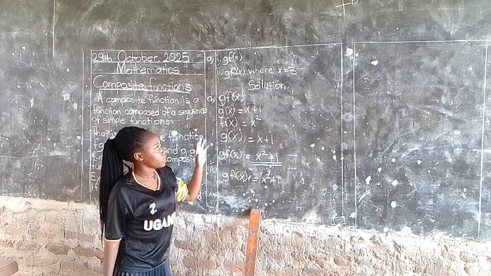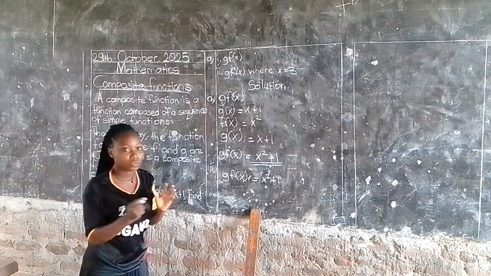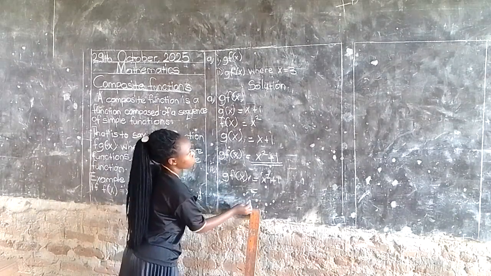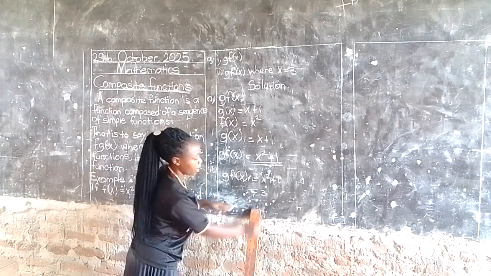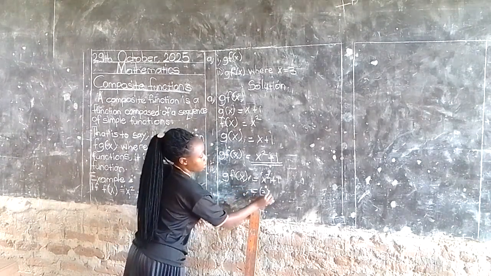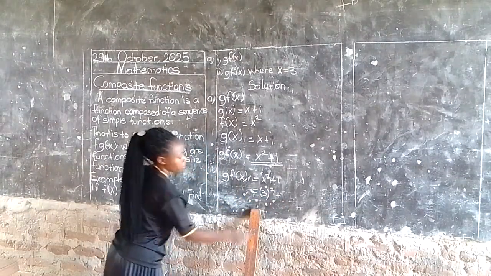Remember, they have told us that x equals 3. So we are going to get our 3 and substitute it where there is x. Here we go. So we have 3, but our x is squared, so we are going to square this 3.